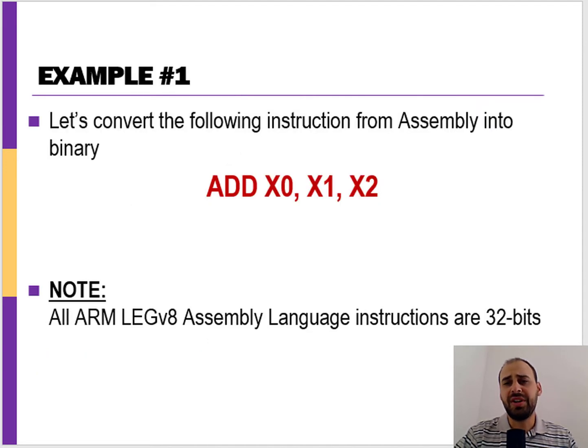Each instruction in the ARM LEGv8 instruction set is 32 bits. Okay, so we've got one word, 32 bits for each instruction. And really, when we look at assembly, for the most part each line is a unique instruction.